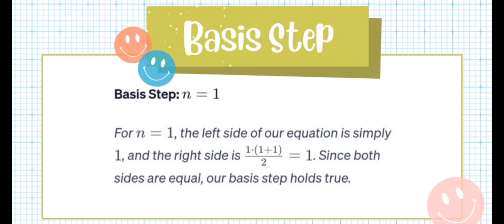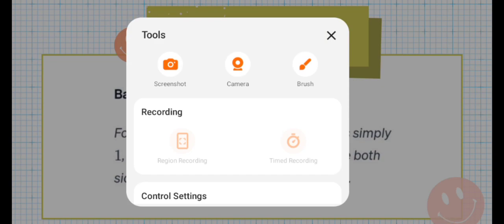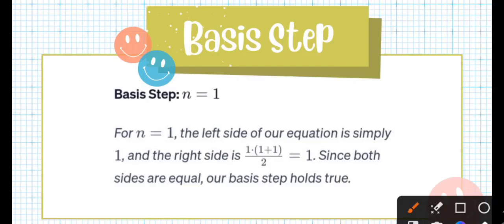So if you replace it, as you can see here, all we need to do is change n to 1. That is 1 times the quantity of 1 plus 1 over 2.